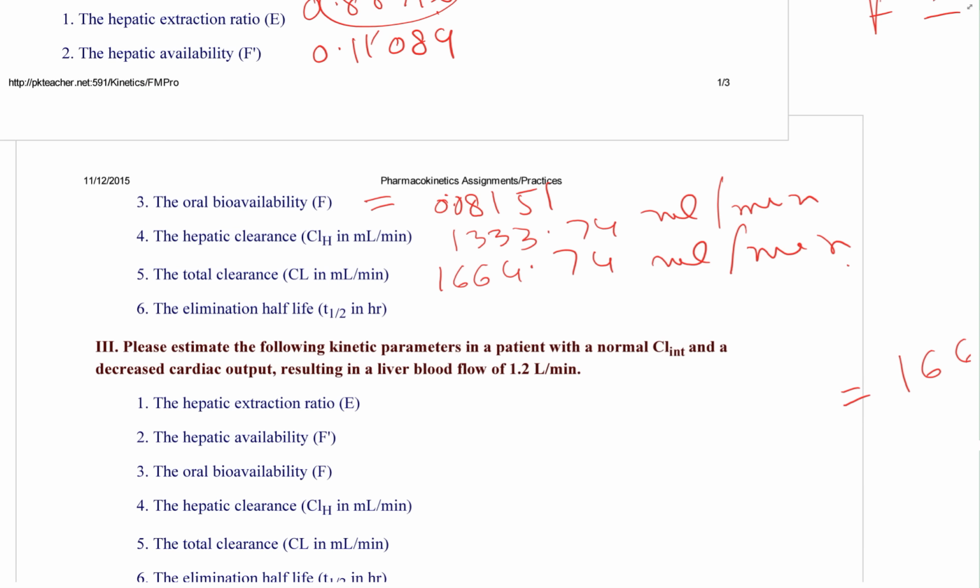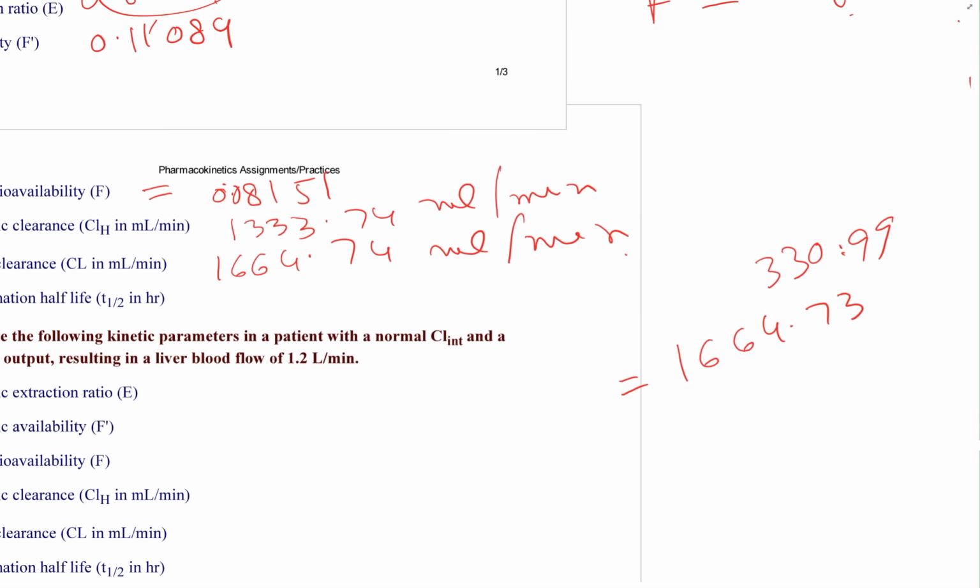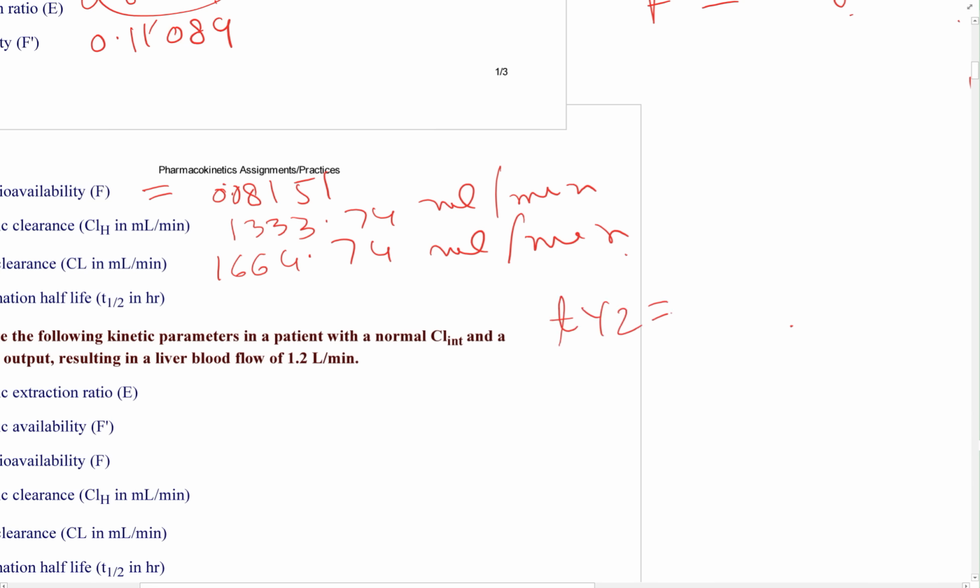And then elimination half-life, which is easy. I have to use all of these equations to calculate elimination half-life. T half is equal to 0.693 times V divided by CL.